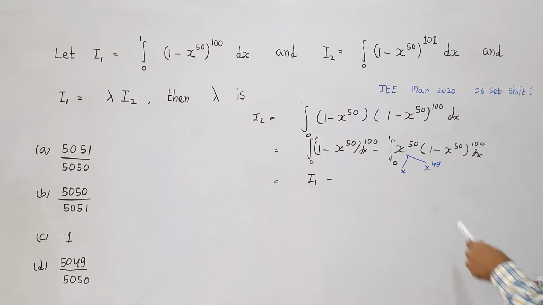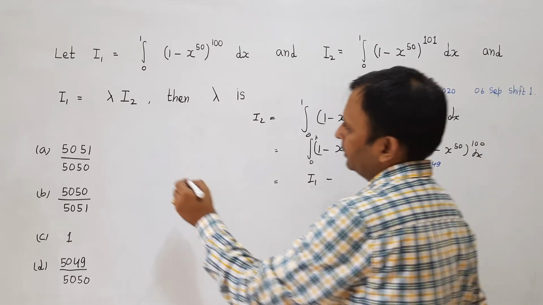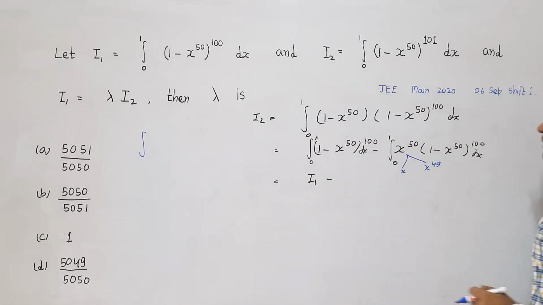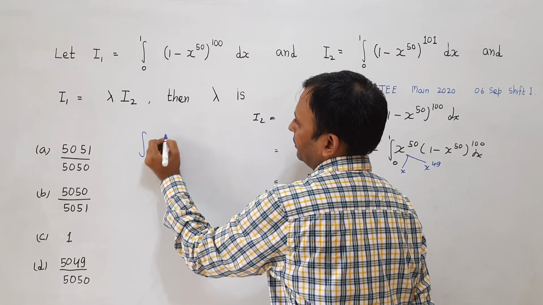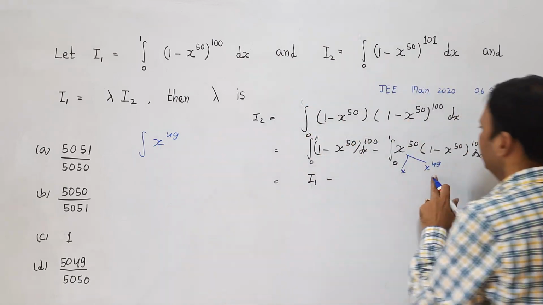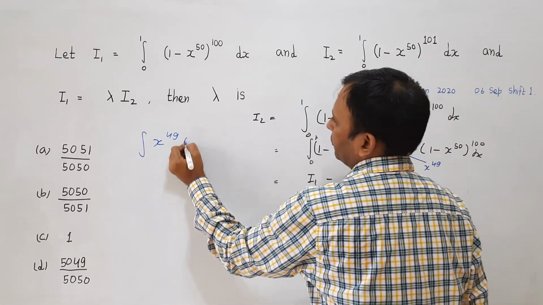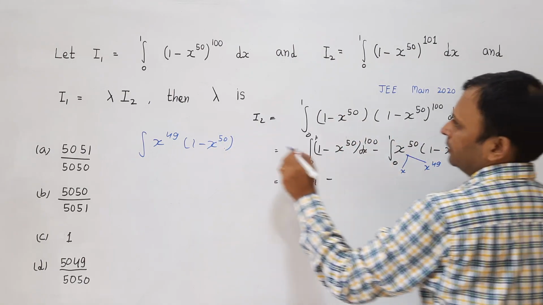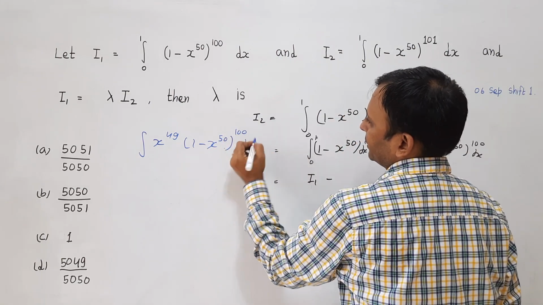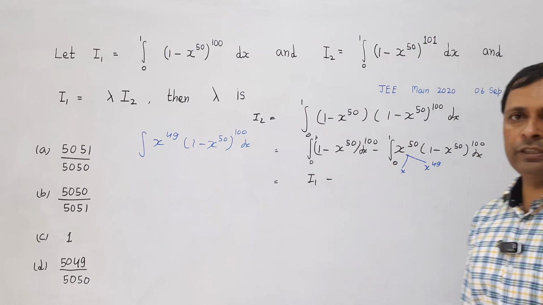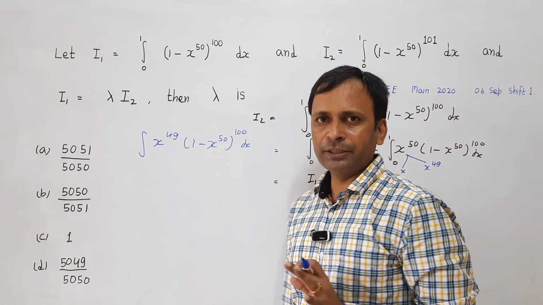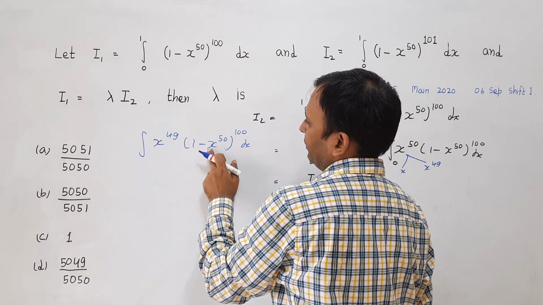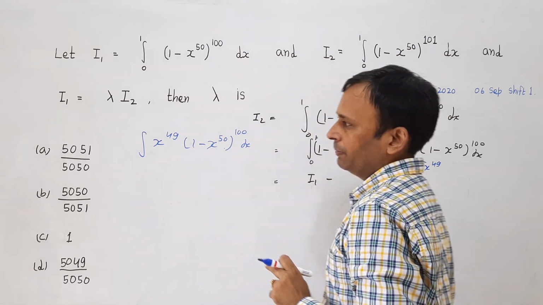Means first I am going to evaluate this integral, which is very easy to do using substitution. That is x to the power 49 multiplied by (1 minus x to the power 50) whole to the power 100 with respect to x. So first I am going to evaluate this integral by substitution. We have (1 minus x to the power 50) whole to the power 100.